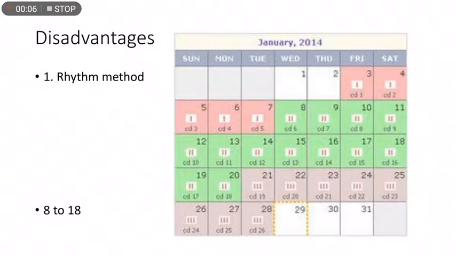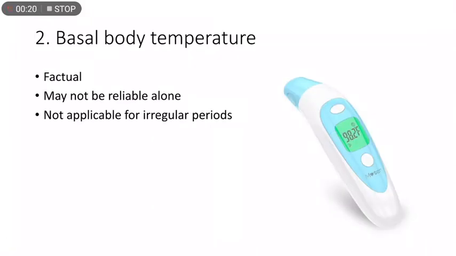So the disadvantage of the rhythm method is that we can't have sex for a lot of time. Literally half the month we wouldn't be able to have it. So it's really sad. Second is the basal body temperature method. Personally, I consider this lame because it is theoretical.